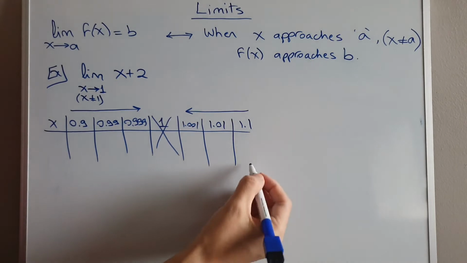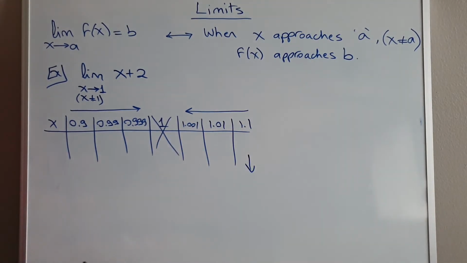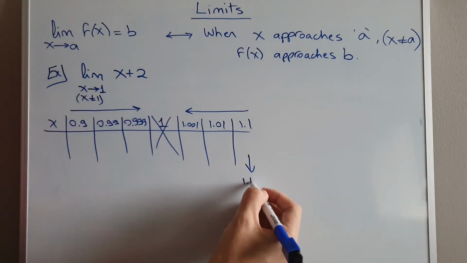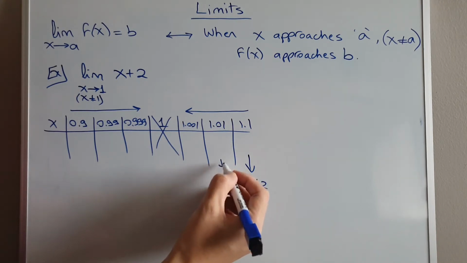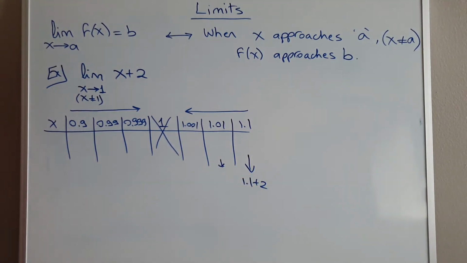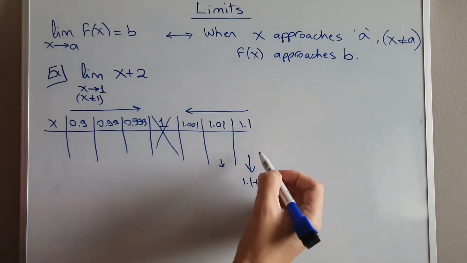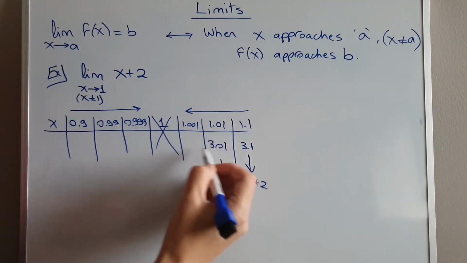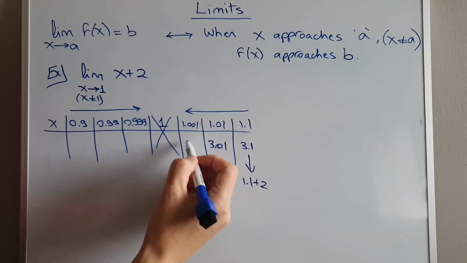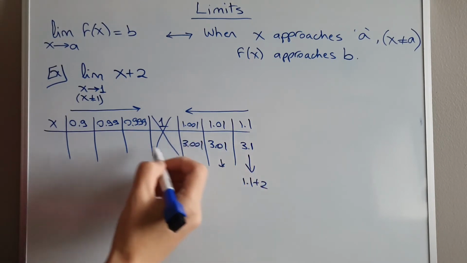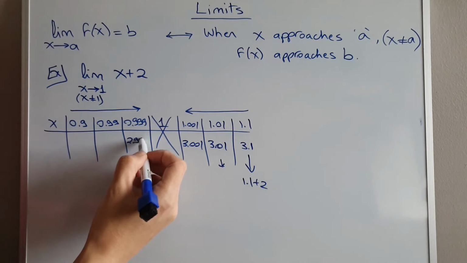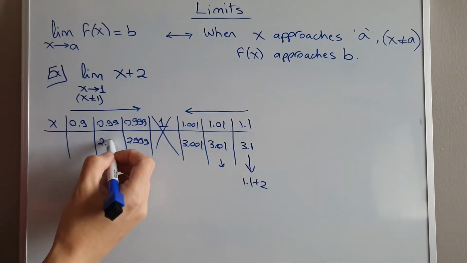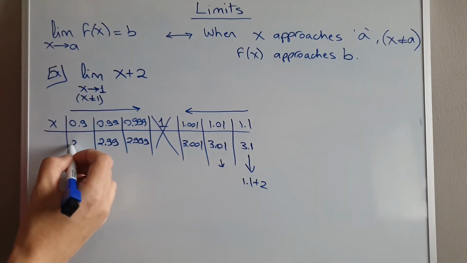So for example, x is 1.1, so I will just replace, and I will do the same thing for all of these values, and I will just fill them out quickly. So this will be 3.1, so by replacing, I get these values.